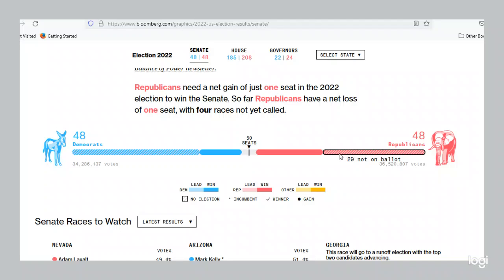In this election, Republicans 50 minus 29, that's 21. So Republicans have to defend 21 seats and then win another one to get control. Whereas Democrats already have 36, so they only have to defend 14 seats, and that's it. They don't have to win anything on top of that.